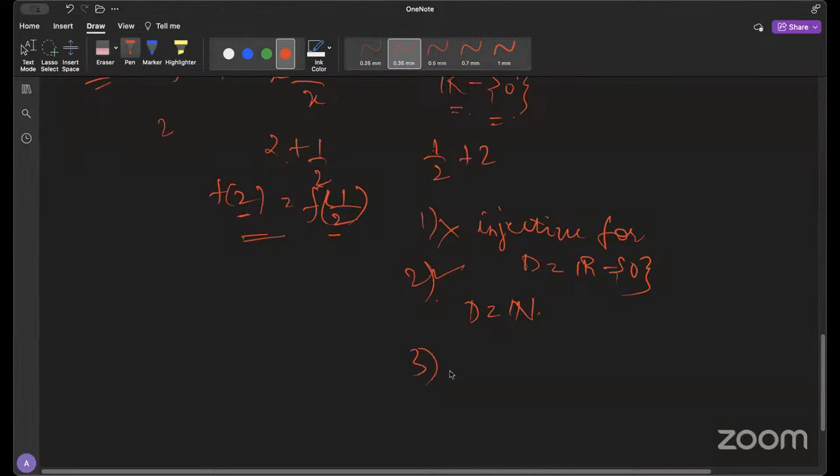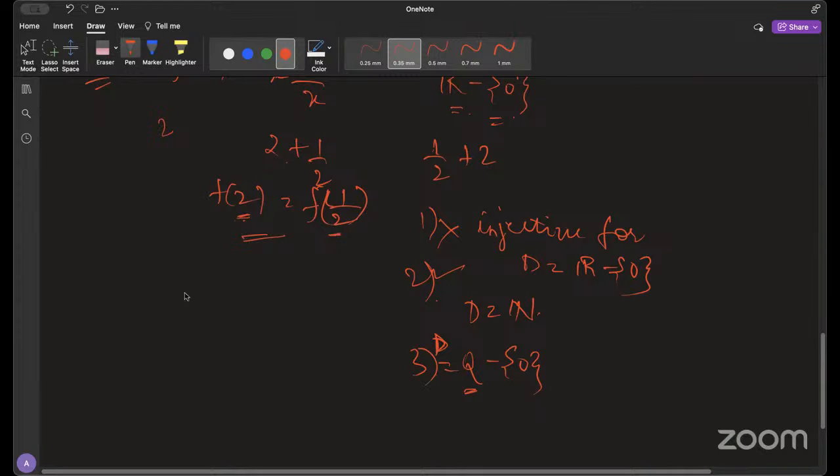And then third, we have injective if the domain of f is Q minus 0. Even if you take the domain to be this, we have the problem with rational numbers mainly, because if you substitute a rational number here, there's another rational number such that f(2) and f(half) are equal, and it happens for literally every x.